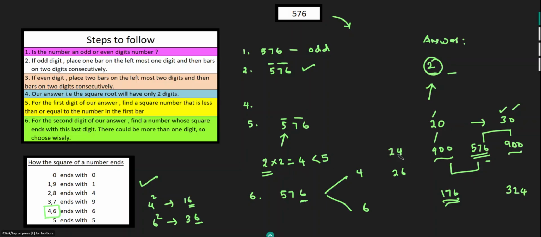So this means our number is going to be 24, because the square of 24 will be closer to 400 than the square of 26, which will be closer to 900. So clearly it's going to be 24. And so we put the last digit, or the second digit, of our answer, which is 4. Therefore our answer is 24.